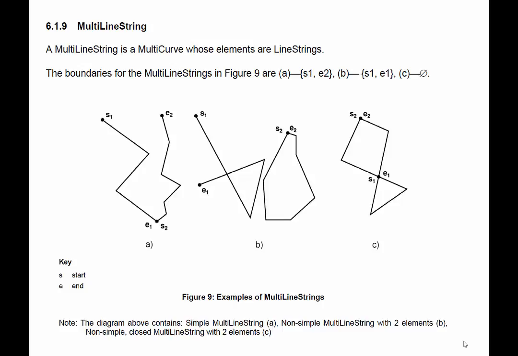Here, our first line is non-simple, it crosses over, and it's made up of two line strings. And our final one over here is a non-simple closed multi-line string with more than one element. So we're starting here, going round something like that, and then we've got the second part like this. Okay, multi-line strings, basically multiple line strings.